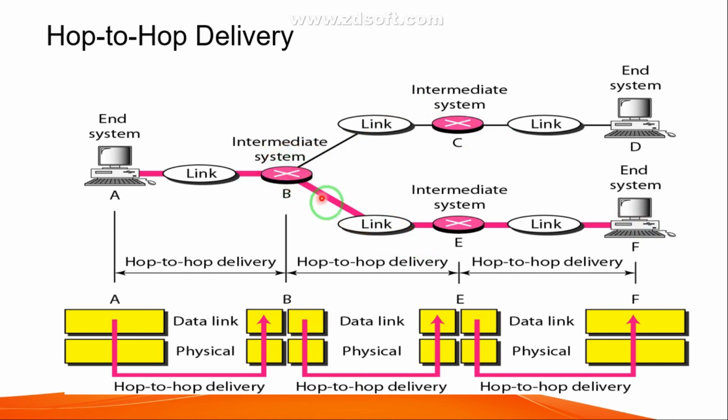Then it is going to send the data through this link and it is received by this intermediate system, that could be a switch or router, E. E again is going to see to which next intermediate node, or through which link, should I send the data so that it could be easily received by F. It then calculates the path and delivers it to this one. So it means hop to hop delivery is there. Understood? That is node to node delivery.